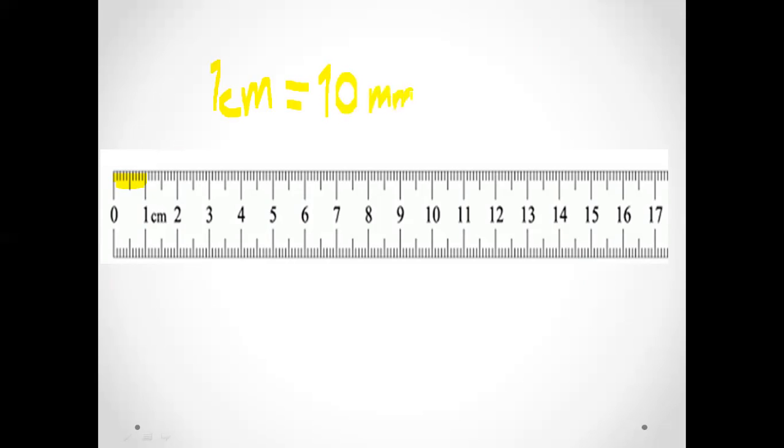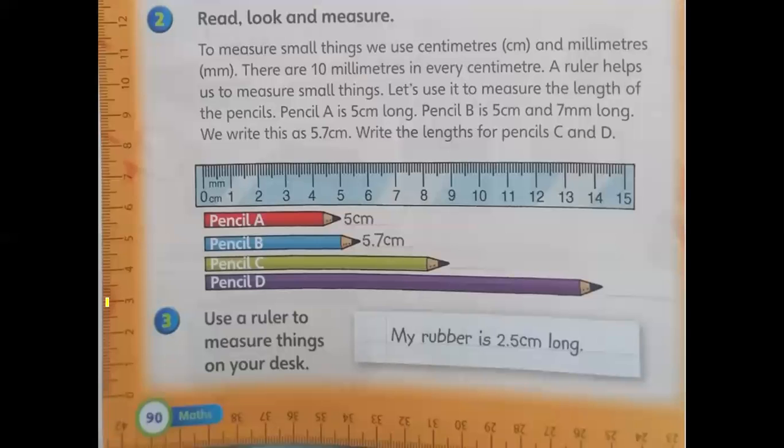Okay يا حلوين. Okay, so let's read about the measuring here. Look, read, look, and measure. To measure small things, we use centimeters and millimeters. So for the small objects, الأشياء الصغيرة بنستخدم الunits centimeter.